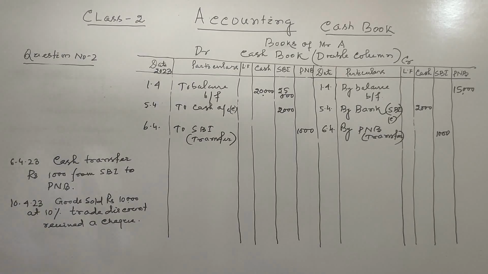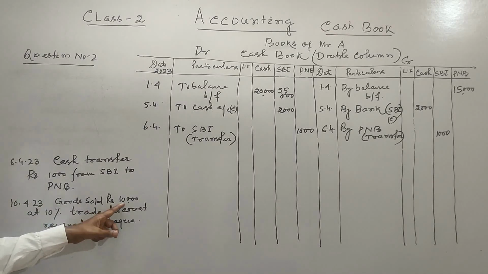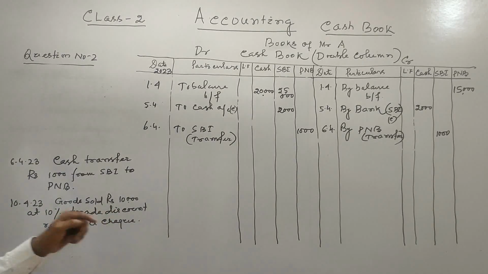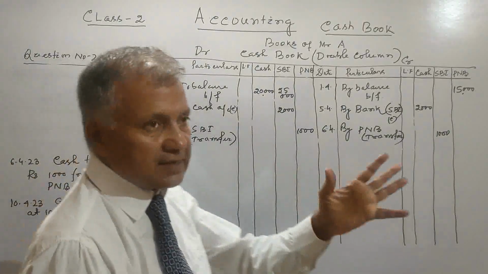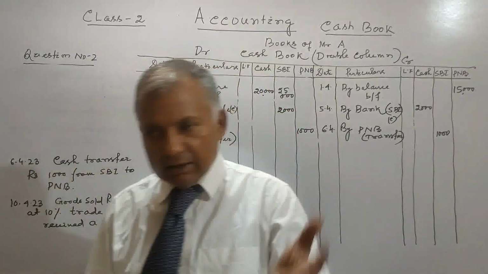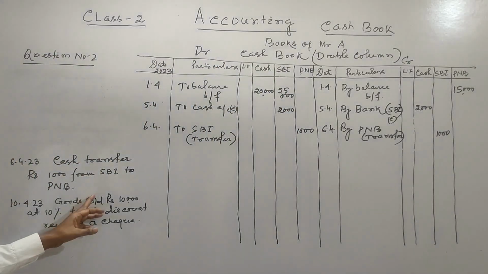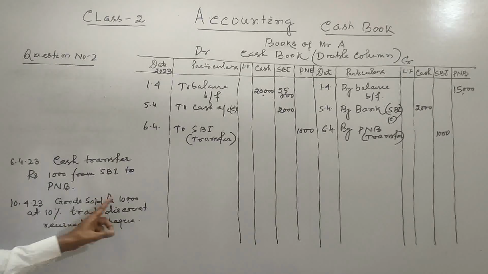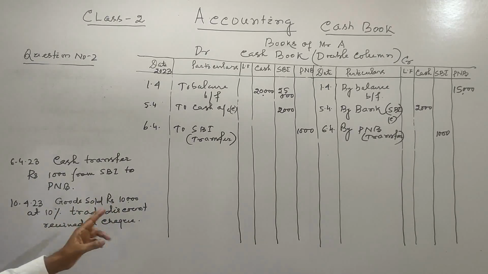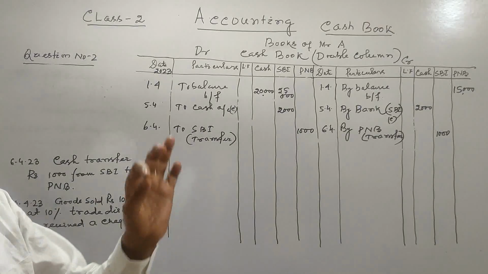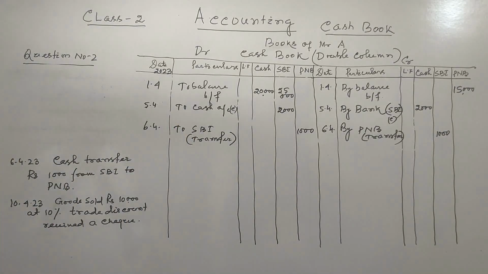So the next entry, goods sold 10,000, 10% trade discount. So 10,000 is the sale, trade discount will not come anywhere in the accounts. So your entry will be 10,000 minus 10%, it comes to your 9,000, right?